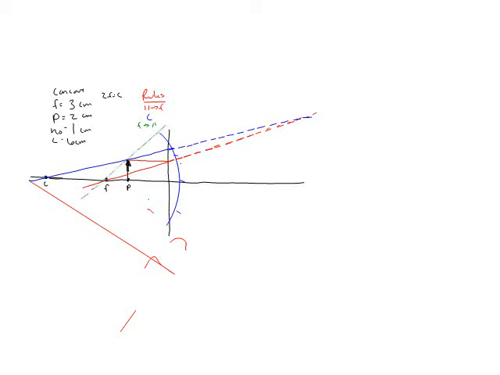Now my mirror is not long enough, so I need to extend my mirror a little bit. That's why the curve doesn't matter. It's the mirror axis that's important.